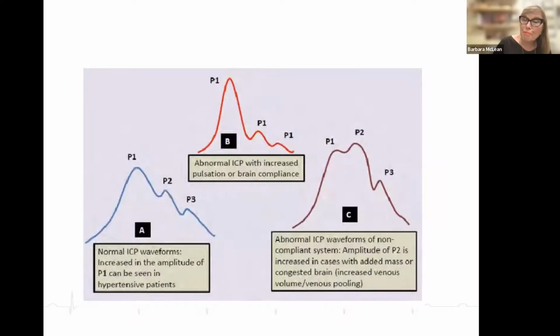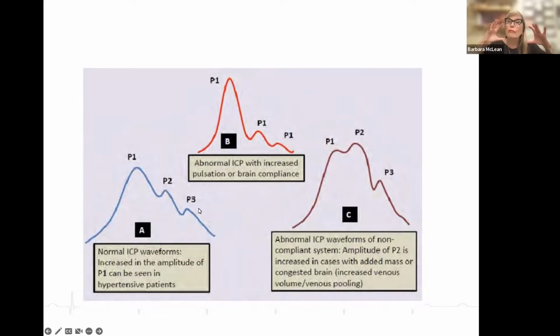Okay. So that brings me back to the waveforms of ICP. Oftentimes on your monitor, you have it in a large scale and it just looks like a little wiggle. You need to put it in the smallest possible scale so that you can see the differential criteria of the ICP. P1, which represents the increase in pressure on systolic ejection of blood, so an increased blood flow into the cranial vault.